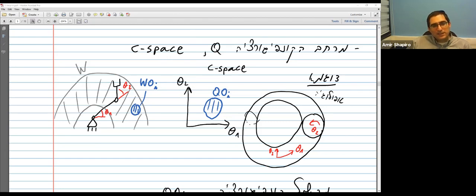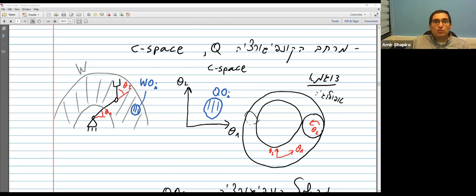This entire area is the workspace of the robot. But in this workspace, I have an obstacle, the blue one, called WO1 in this case.